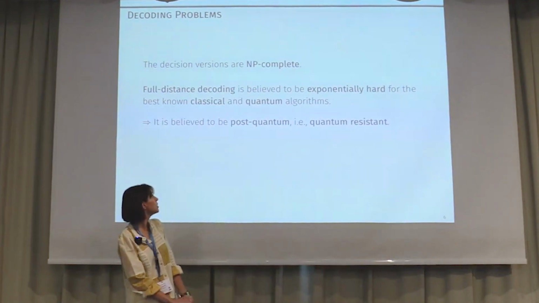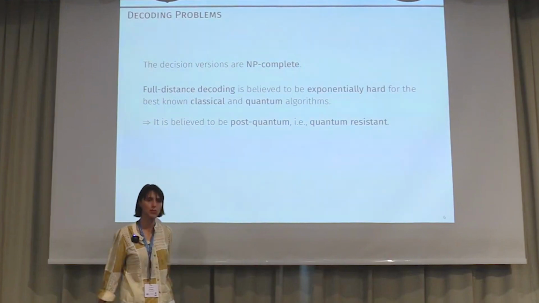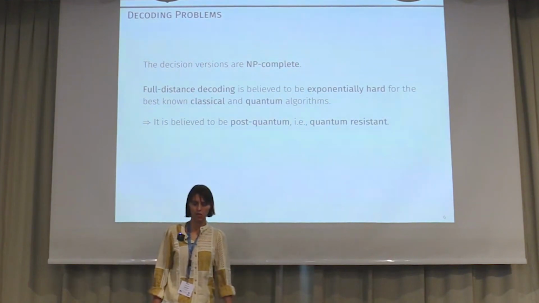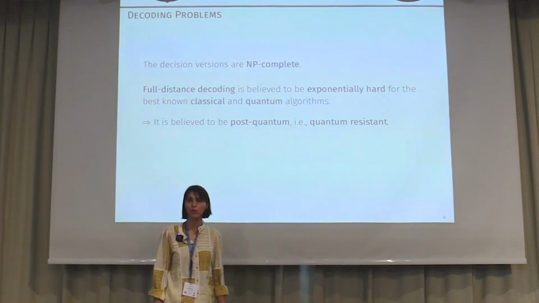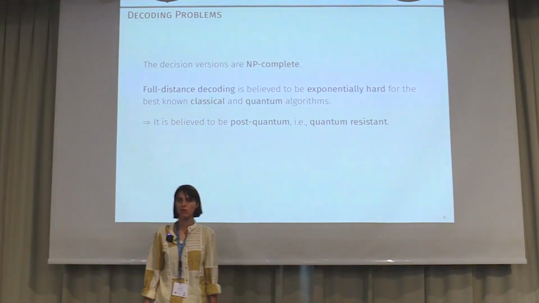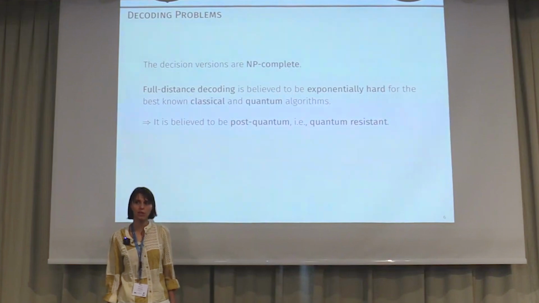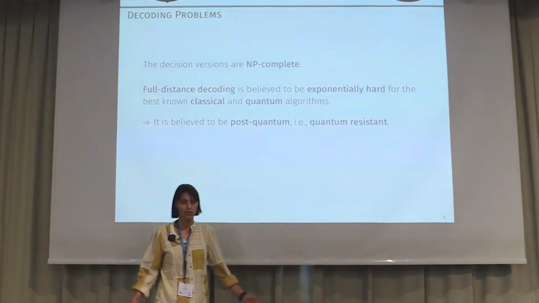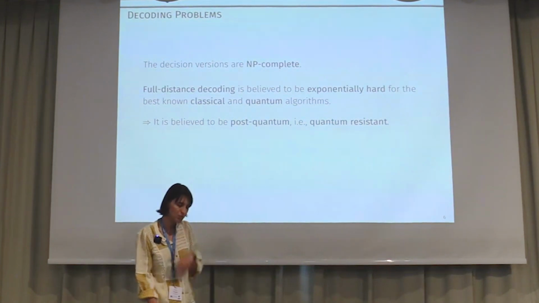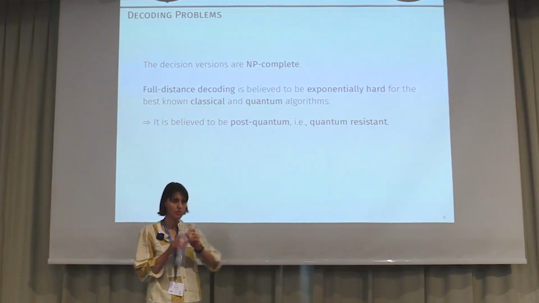And what we know about this type of problem in the full distance decoding regime is that it is hard for both classical and quantum algorithms, so they require exponential time in the input size. Therefore we believe that they are post-quantum, or quantum resistant.